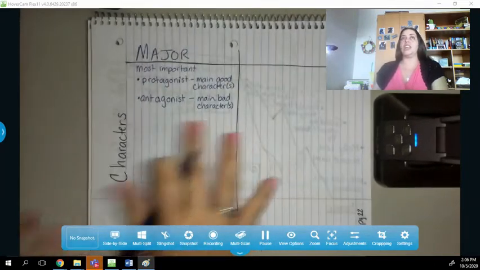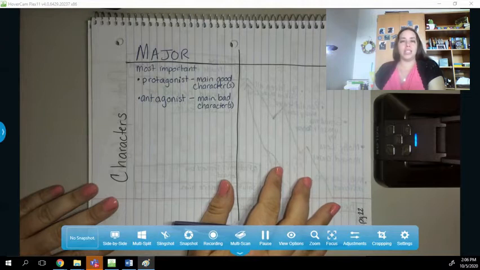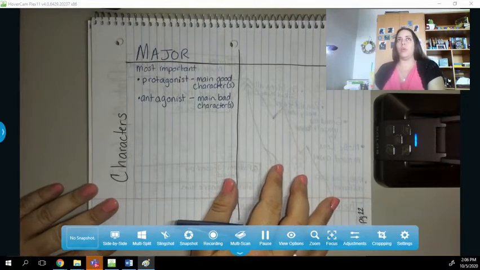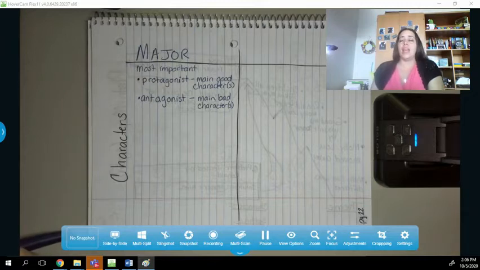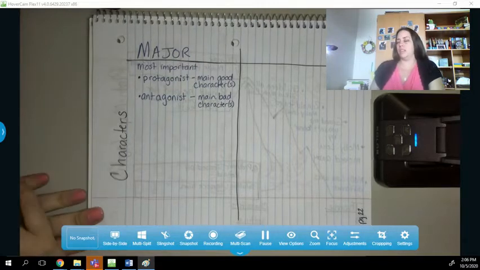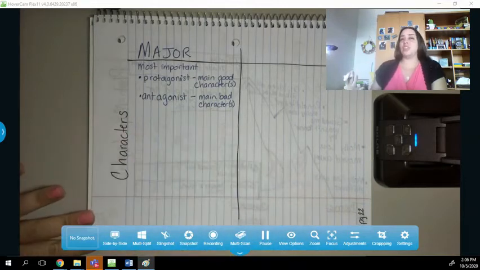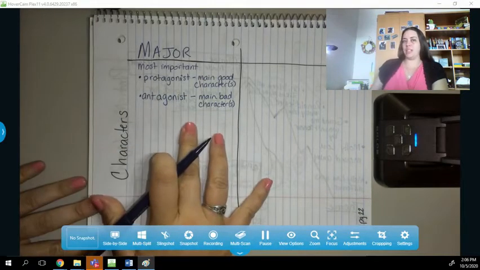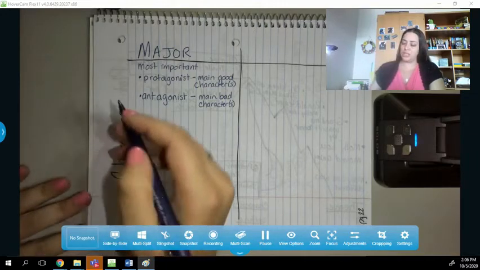These are your evil characters. So Ares, the god of war in Wonder Woman, or Hydra in Captain America. Batman has a lot of antagonists. It just kind of depends on which one, my nerd is showing. I'm sorry. So, for example, the Joker would be one of Batman's main antagonists. So one of the guys he's going against.